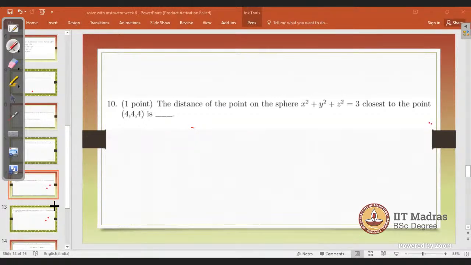We'll give enough time here, because after this one, only one more question is there. The 10th and 11th questions are based on this concept only. Just solve for the critical point, check the function value at both points, and you are good to go.